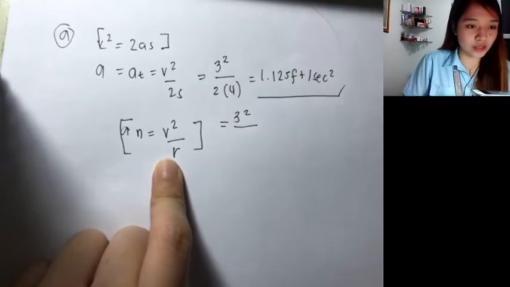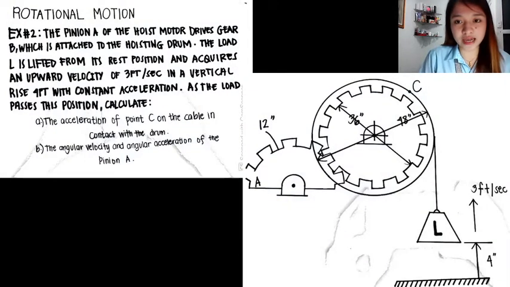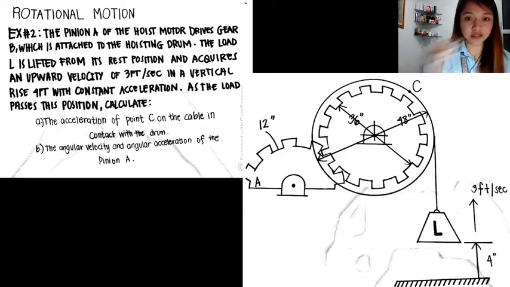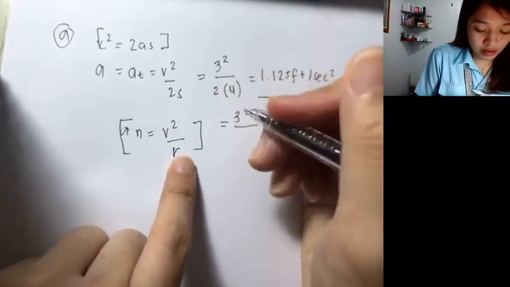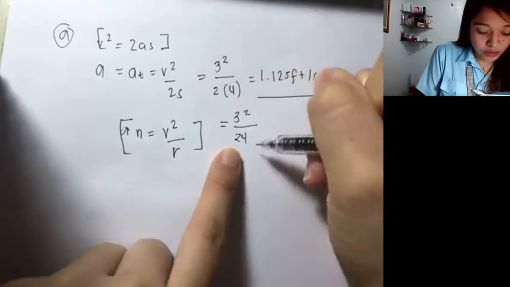Where is 24 in the figure? Right there: 12 plus 48 minus 36 gives 12, then 12 plus 12 gives 24 for r.